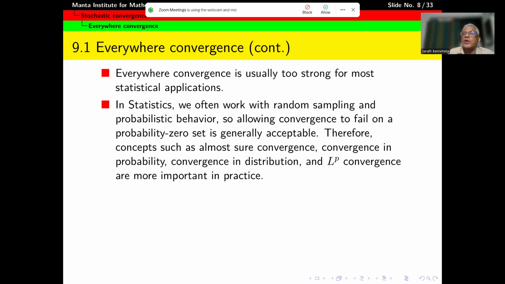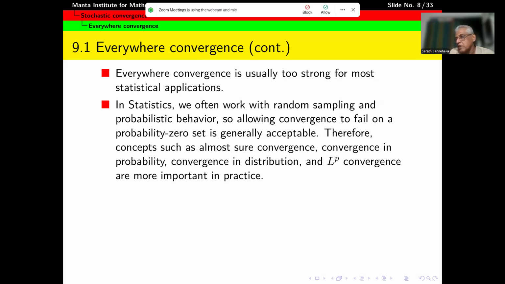That means if you look at all the sample points, the elements in the sample space for which yn omega converges to y omega as n goes to infinity, that this set is equal to the sample space happens very rarely, right? So in statistics, we often work with random sampling and probabilistic behavior. So allowing convergence to fail on a probability zero set is generally acceptable, right?